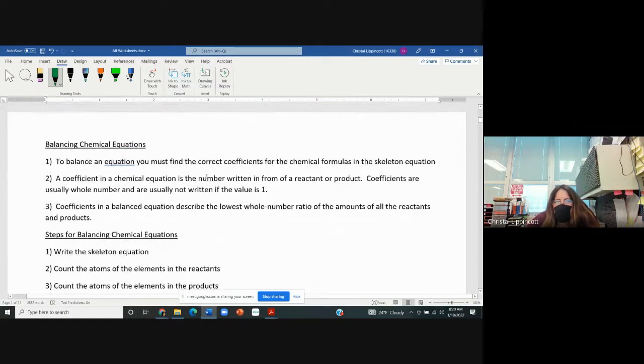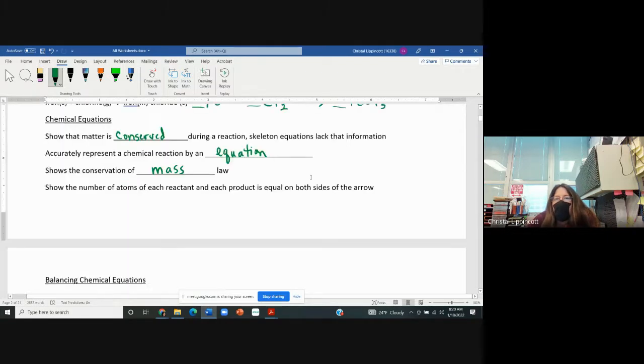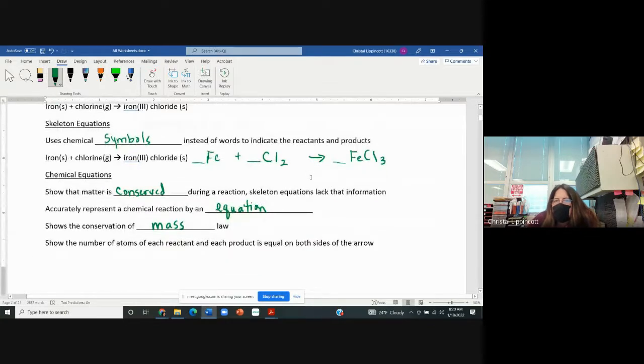All right. So a coefficient in a chemical equation is written in front of either the reactant or the product. You cannot put coefficients in the middle of formulas either. So I can't take this and go, oh, I want to put a 2 in here.